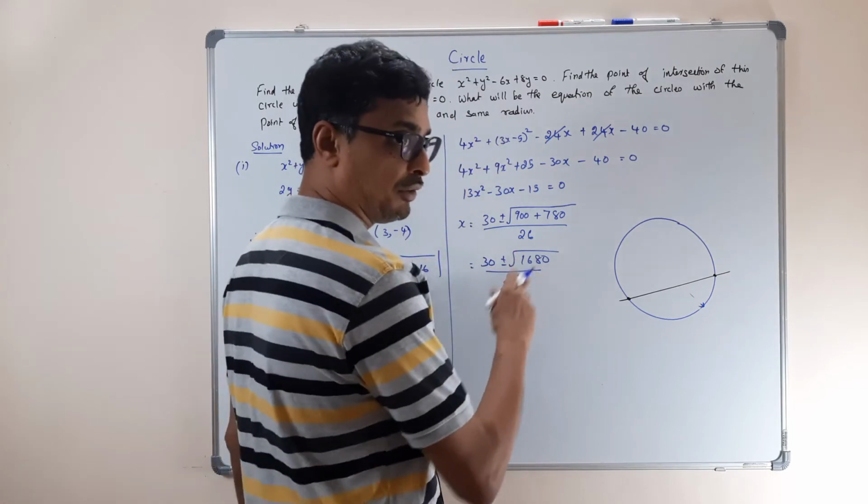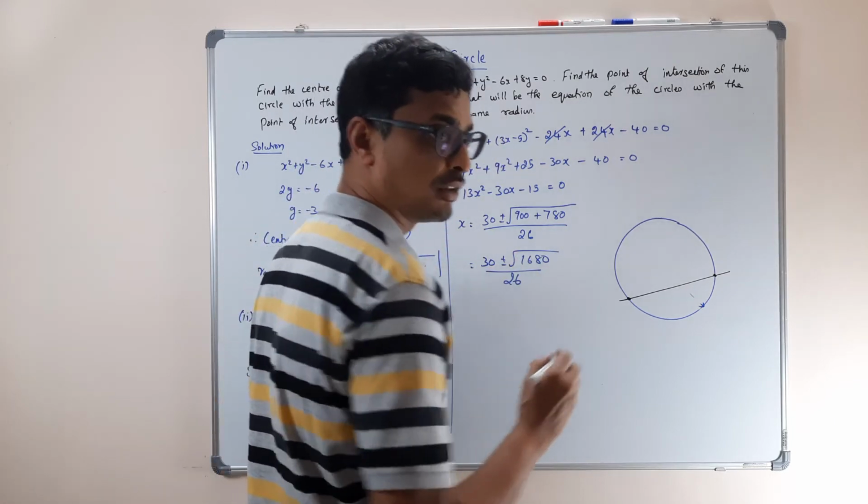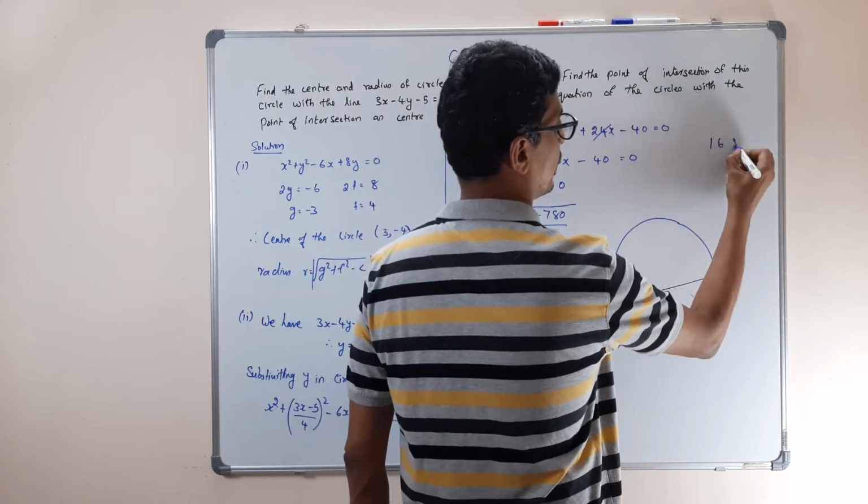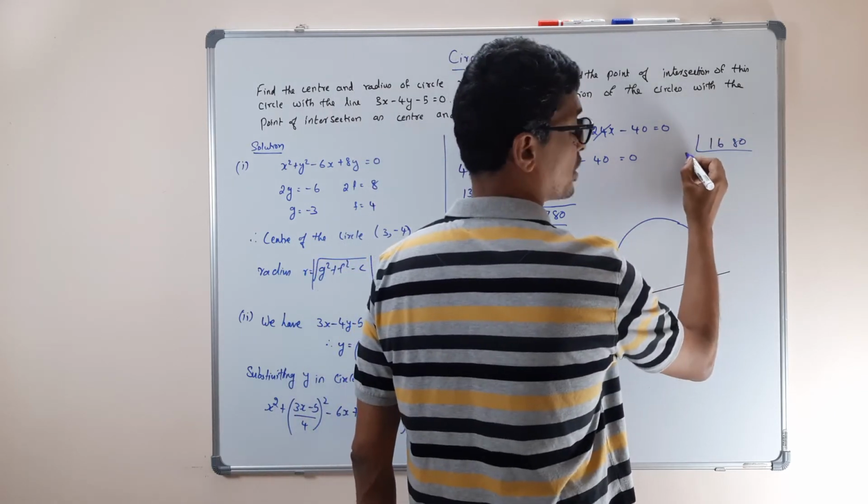So what is the square root of 1680? You remember how we do it?